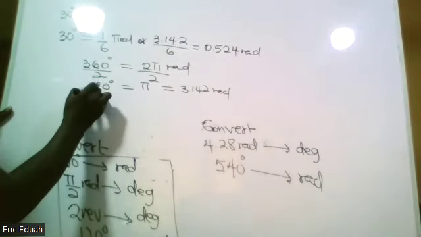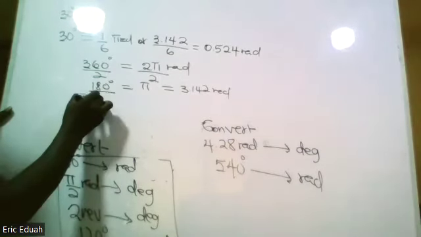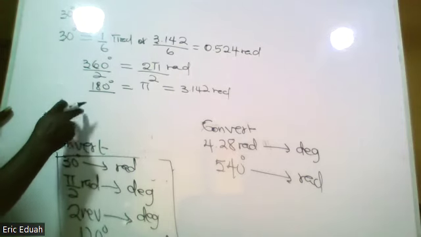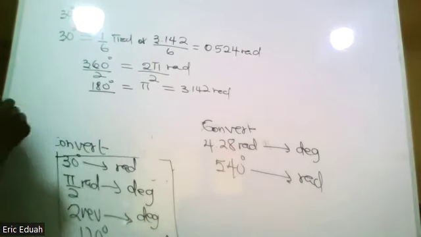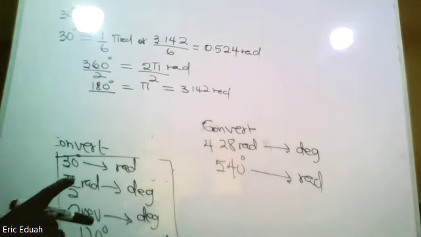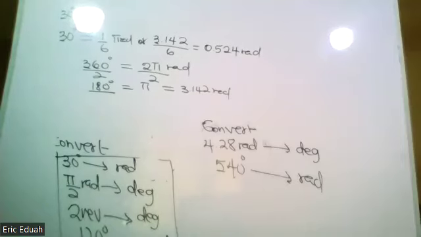If I divide 180 by, what do I have to divide 180 by to get 30? 180 divided by what would give us 30 degrees?